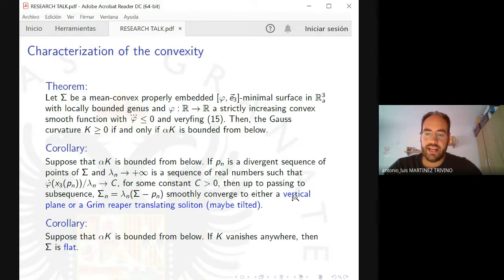So this limit is either a vertical plane or a Grim Reaper translating soliton, maybe tilted.